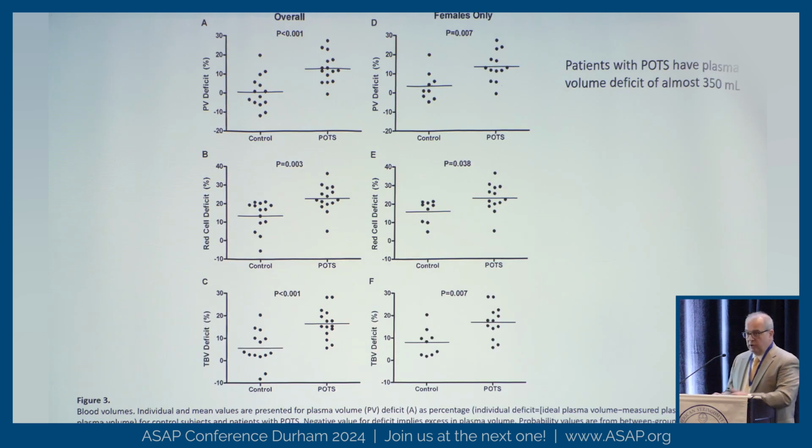So first, what happens with volume depletion? Studies evaluated patients for plasma volume, red cell count, and total blood volume. If you evaluate patients with POTS compared to age-matched and gender-matched controls, there is a volume deficit of about 350 cc's.